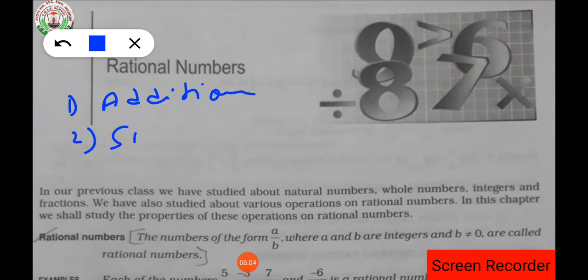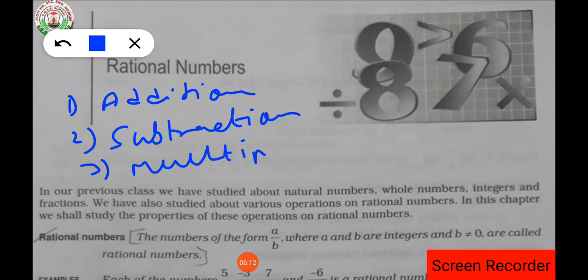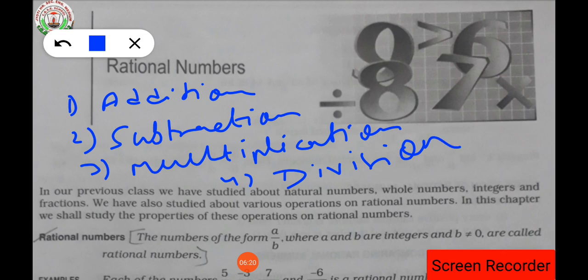The second one is the subtraction property. The third one is multiplication, and the fourth one is division. So these are the four properties of integers, and the same four properties we are going to see for rational numbers also.